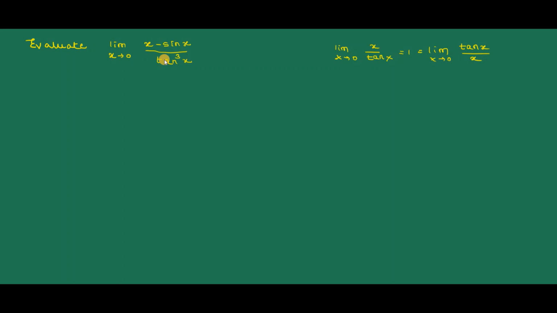So both have the same value. By using this first property, limit x tends to 0 x divided by tan x is equal to 1.